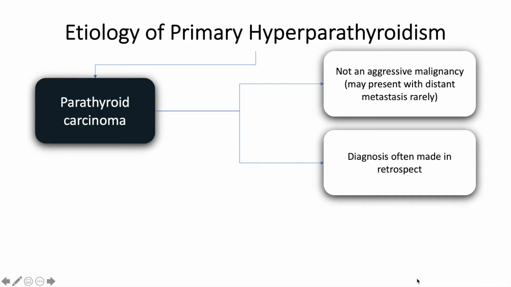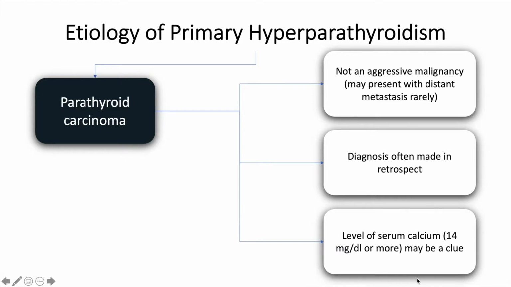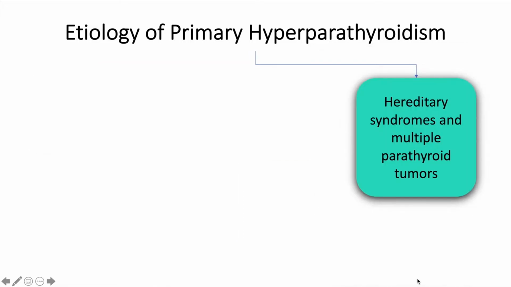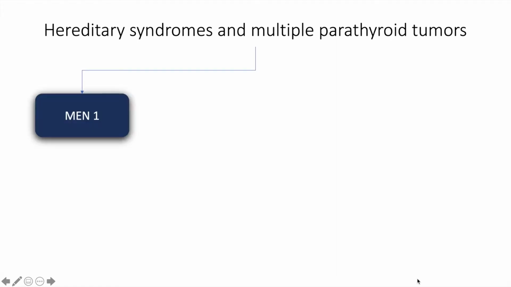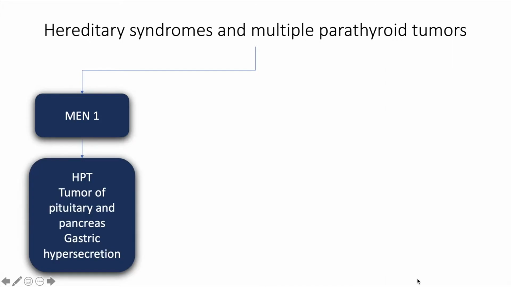Diagnosis is often made in retrospect, and levels of serum calcium, which may be 14 milligrams per deciliter or more, may be a clue. Hereditary syndromes and multiple parathyroid tumors, such as multiple endocrine neoplasia type 1, which is characterized by hyperparathyroidism, tumor of the pituitary and pancreas, and gastric hypersecretion, part of the Zollinger-Ellison syndrome, may be a cause.